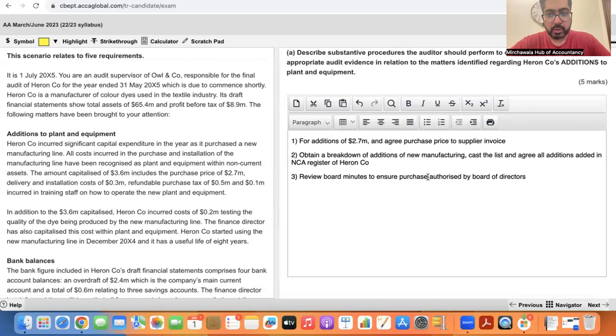Review board minutes to ensure purchase authorized by board. Just make it close to the scenario. Purchase of new manufacturing line has been authorized by the board of directors.